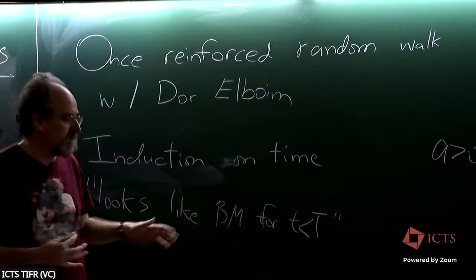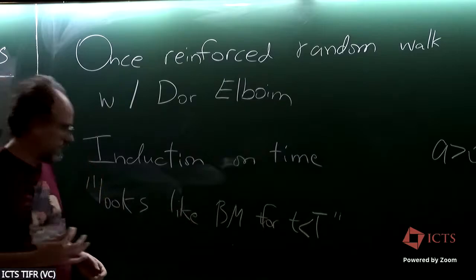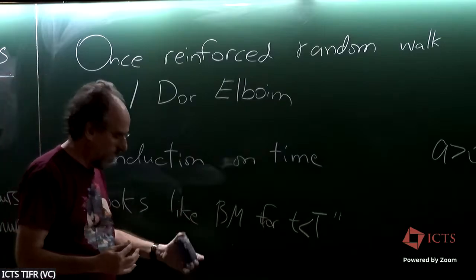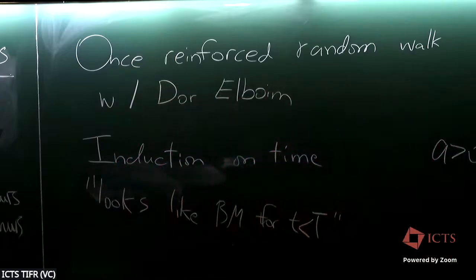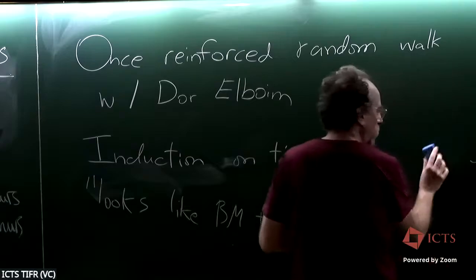Okay, so this is a general scheme which has been used in many ways. In a way, even lace expansion is like that, at least the way Brydges and Spencer originally proved it.